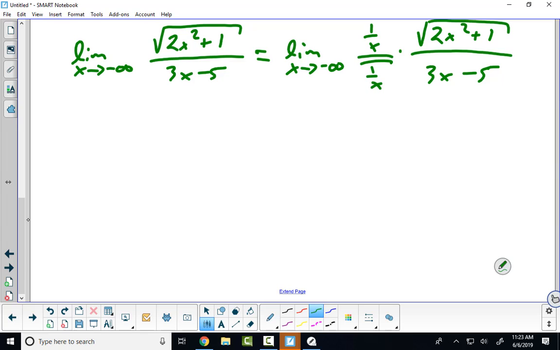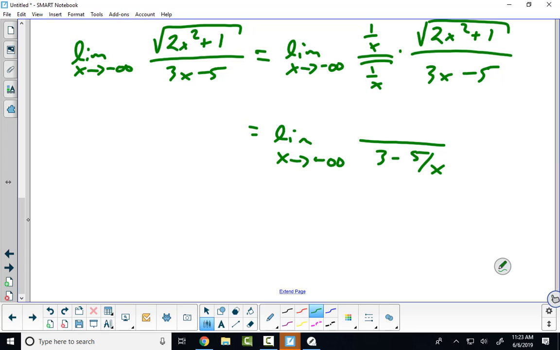Now, let's go ahead and distribute in the denominator first. This gives me 3 minus 5 over x. We should be feeling okay about that step, right? Anyone want to talk about that? All right. What is x approaching here? Negative infinity.